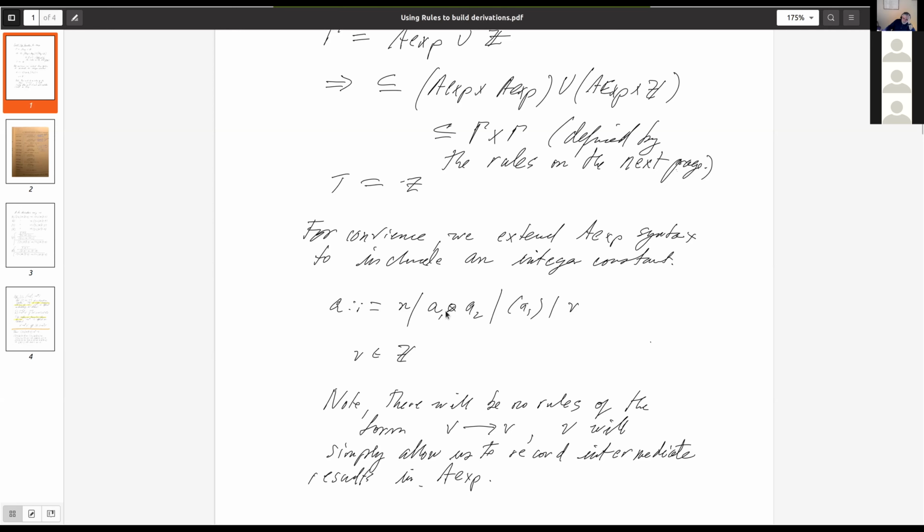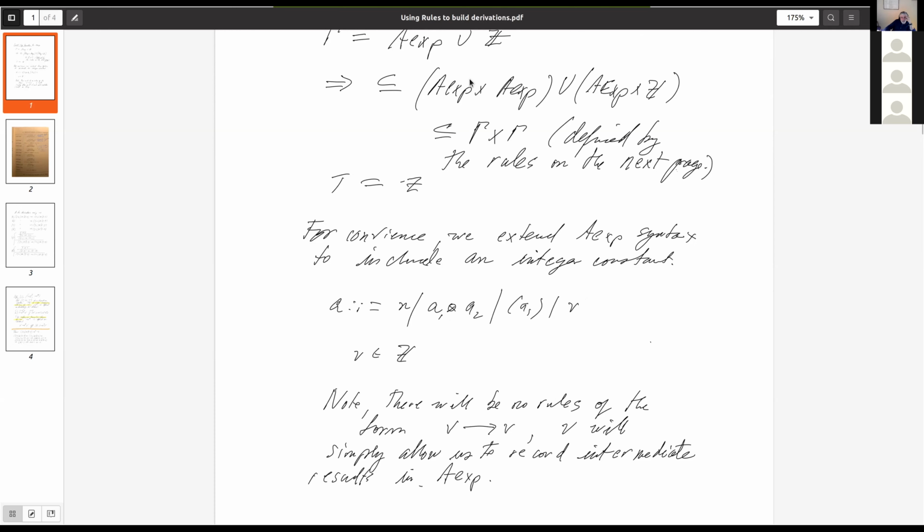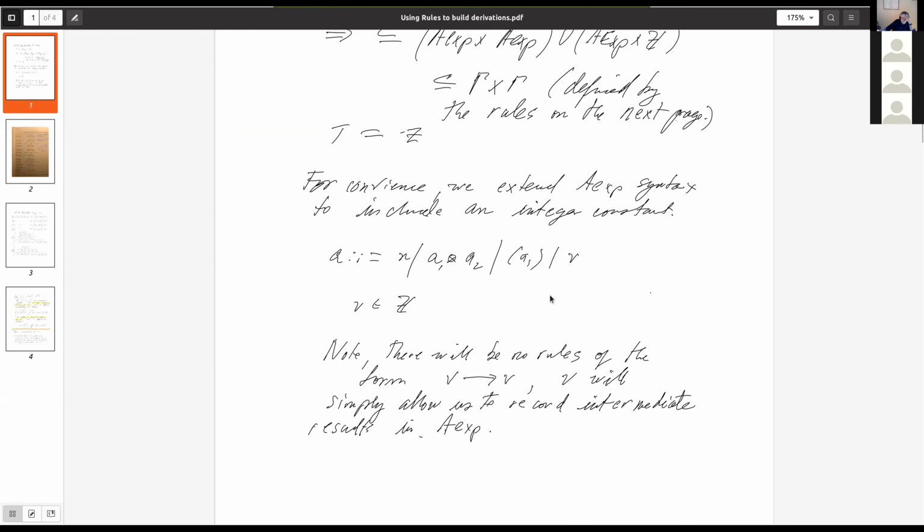So we have numerals, we have A1 op A2, and I didn't write down here, we had just done it last time, the ops are plus, times, and minus. And we can take an A expression and put it in parentheses. And now we have a new thing, which is you can also have an A expression which is just an int. Maybe he only needed to say A expressions up here, not A expression union int, because he added ints to the syntax of A expressions.